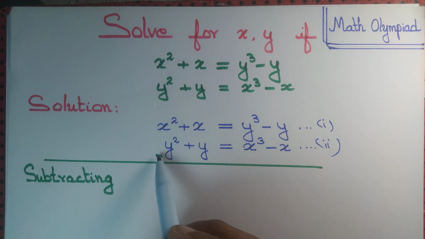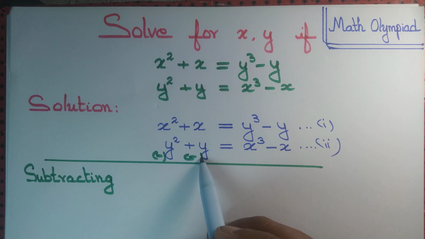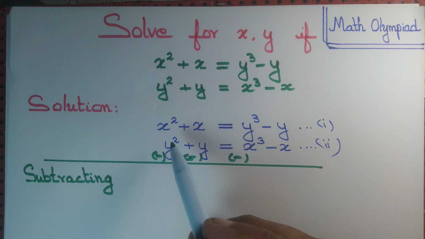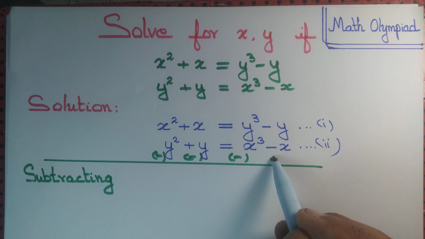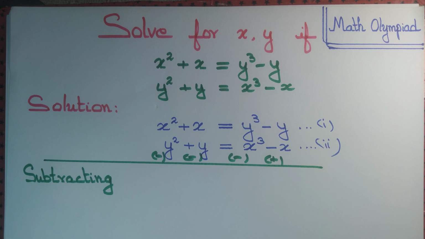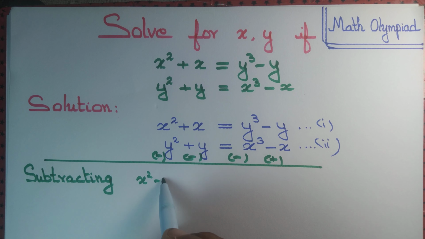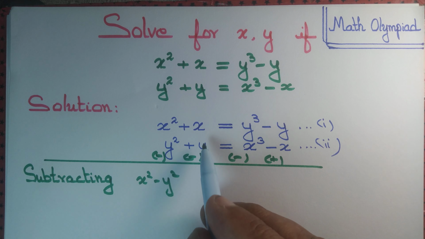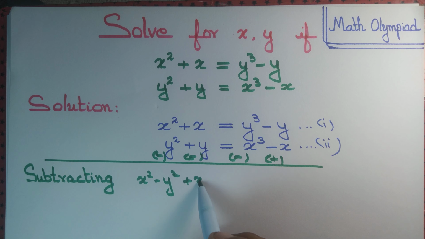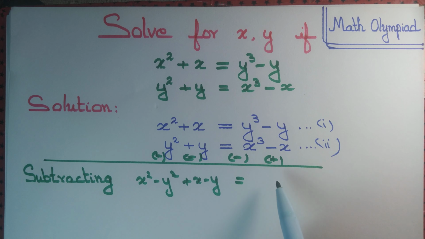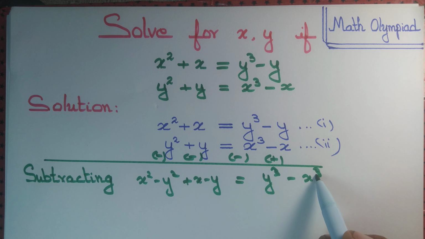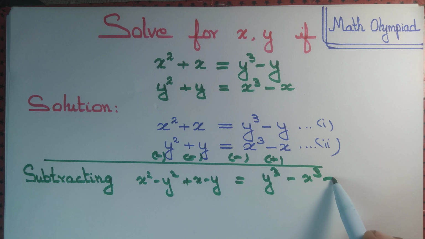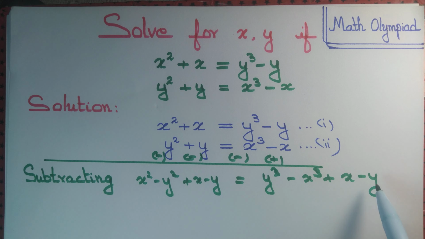So we write minus, minus, minus, plus will change to minus when subtracting and minus will change to plus. So x square minus y square and then x minus y equal to y cube minus x cube, then minus changes to plus, so plus x minus y.